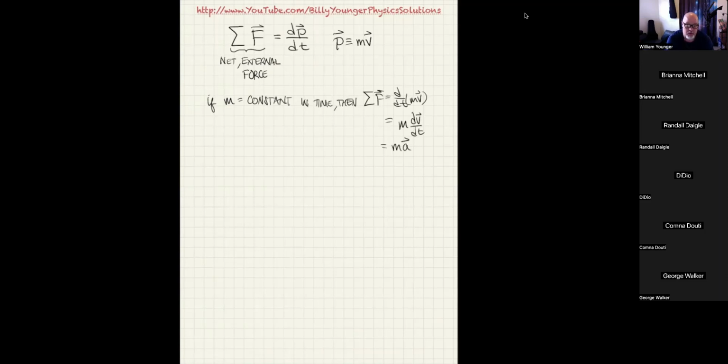So that is the version that we've been using, but in fact, that's a special case that happens to only work in the case of m being a constant. In fact, this version at the top is the real Newton's second law.